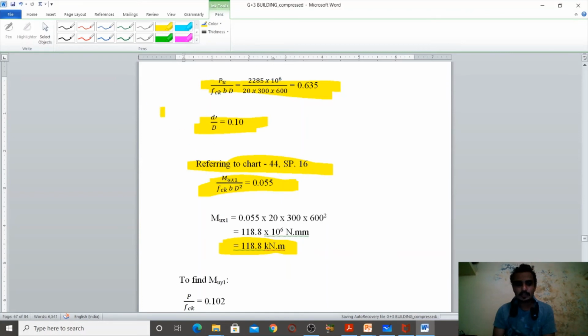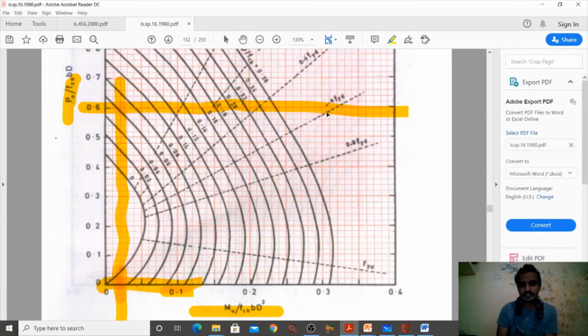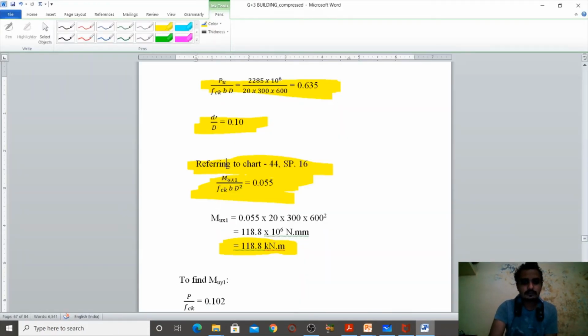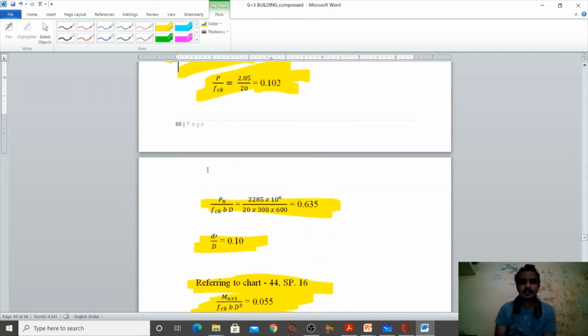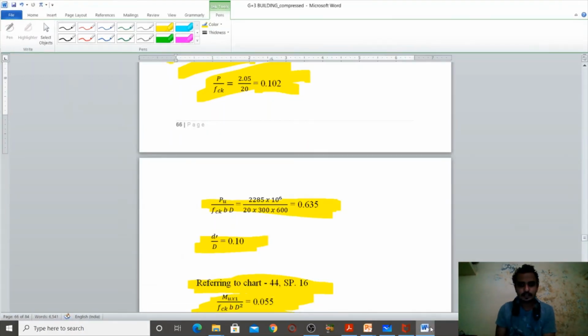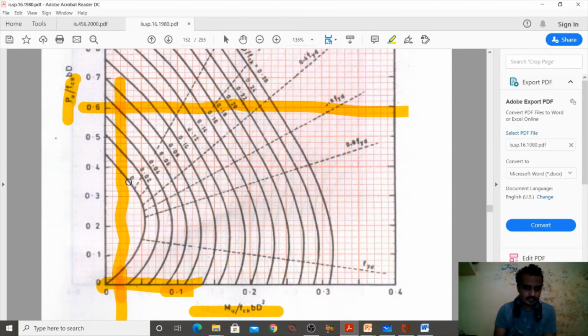How do we find this out? We find it from the SP60 chart number 44. P by FCK value is 0.102, so here is 0.0, 0.2, and our value is in between this.